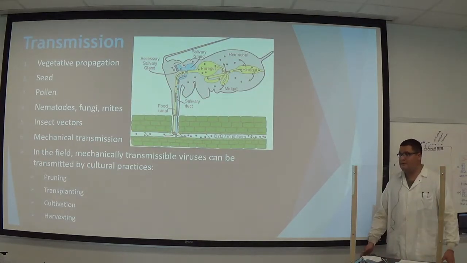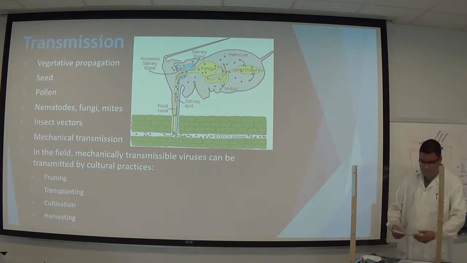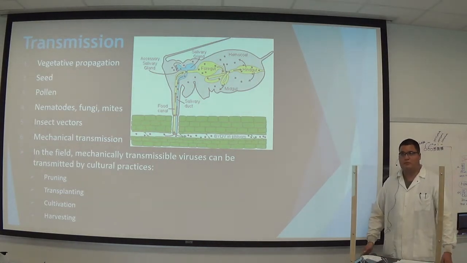Now, plant viruses can be transmitted through many different ways. For example, there's vegetative propagation. Vegetative propagation is a means by which plants that are contaminated with the virus are reproduced or moved around.